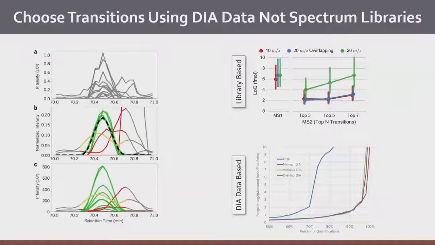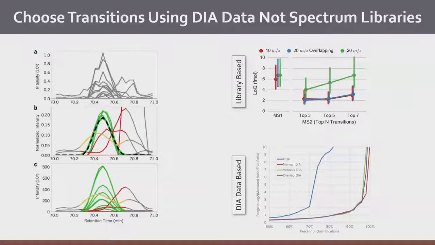And this actually has significant impact. Today I showed that if it's library based, you get this improvement in the lower limit of quantitation when you use improved precursor isolation. Yesterday I showed that it didn't matter whether you had normal DIA, variable window DIA, or overlap DIA; the quantitation was essentially the same for all the different methods.